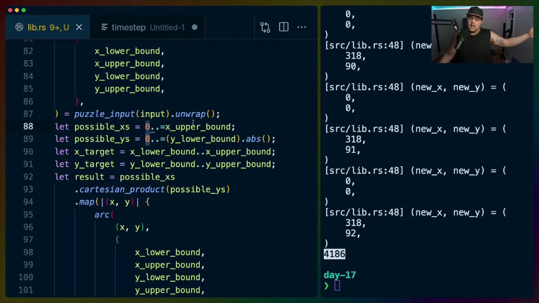Because if you start at 1 and we have an X lower bound of 30, it doesn't make it. It only goes to 2 and then stops, right? So there's a number in there that is our lower bound that we could use, but I'm not using.